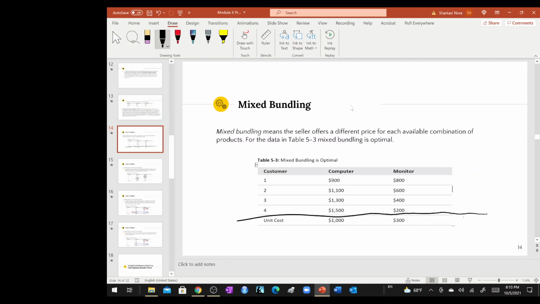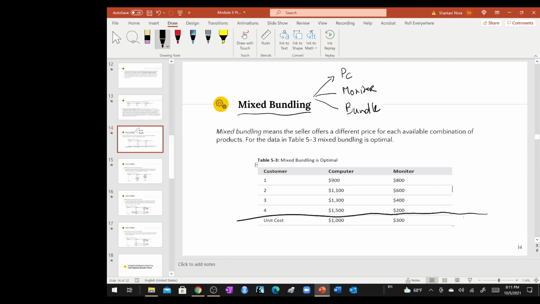Let's first consider the situation of a standalone product. Let's say that you want to allow, because it's mixed bundling, the buyer to buy the PC alone, which is the computer, the monitor on its own, standalone, or the bundle. Okay? So now let's take a look.